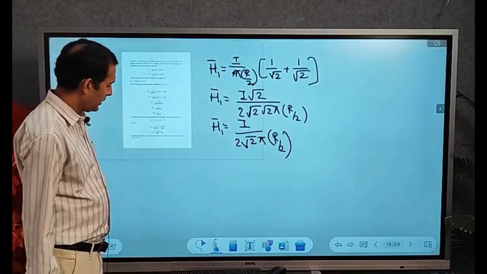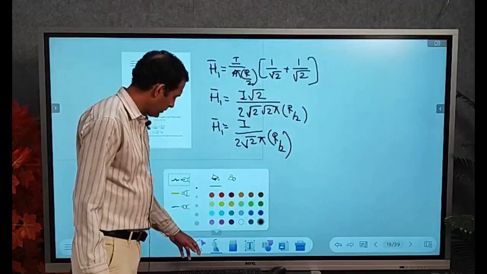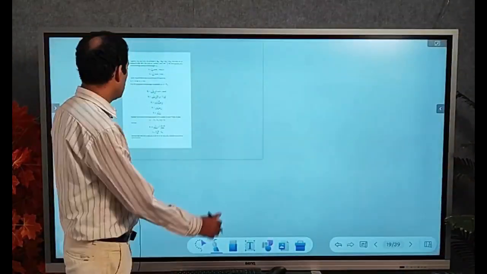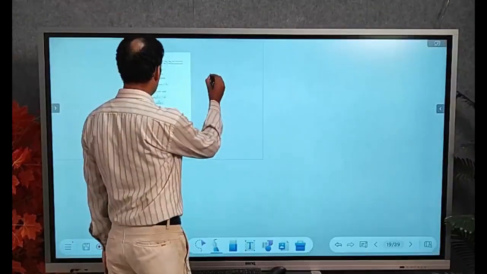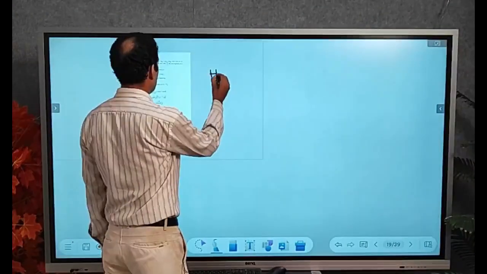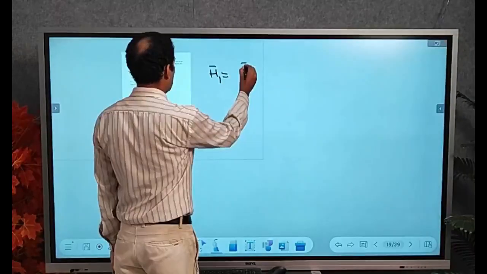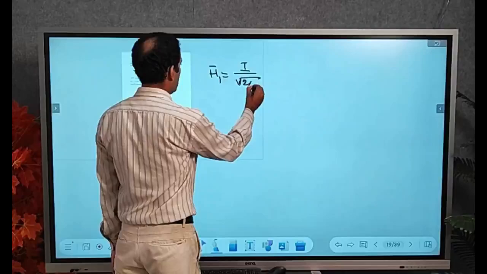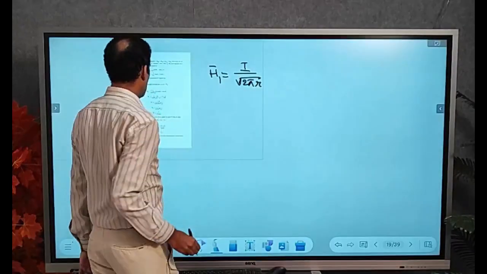Now finally, we will get H1 bar equal to I upon root 2 pi r.